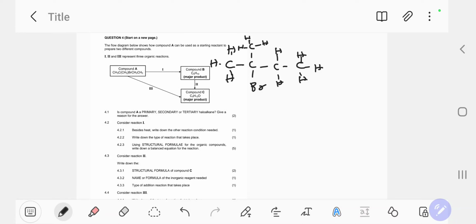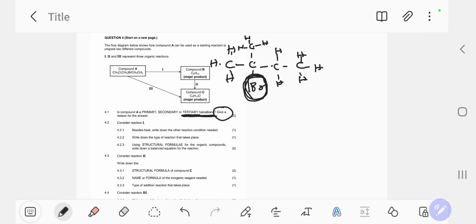All right, so now let's look at this question. Is compound A primary, secondary or tertiary? It's going to be a tertiary haloalkane. The reason it's a tertiary haloalkane is simply because the Br is bonded to a carbon that is bonded to 1, 2, 3 carbons. That's why it makes it a tertiary alcohol, I mean tertiary haloalkane.